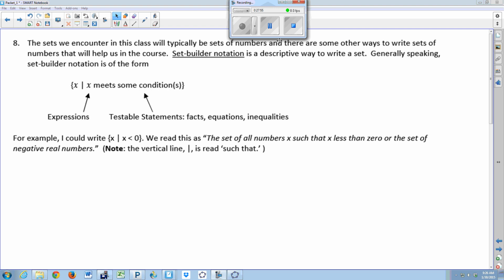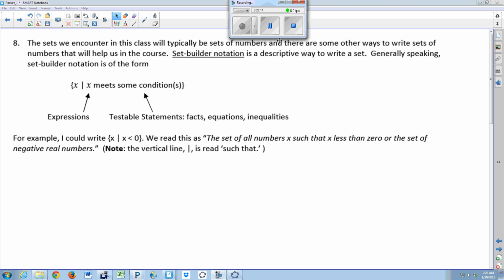Okay, so we can't list every single number in a set if we're talking about the rational numbers or all real numbers because it's an infinite set. So sometimes we have to use this set builder notation.